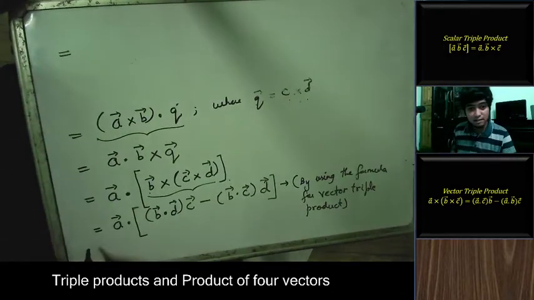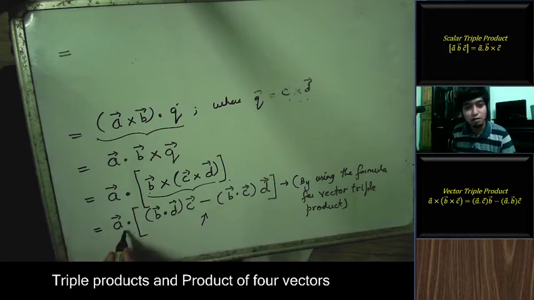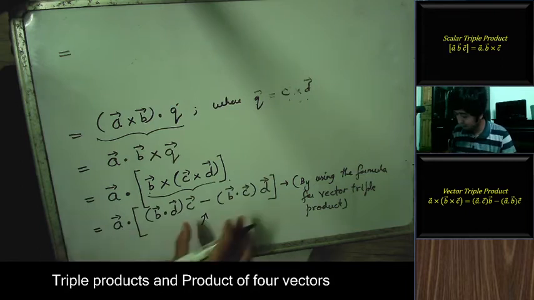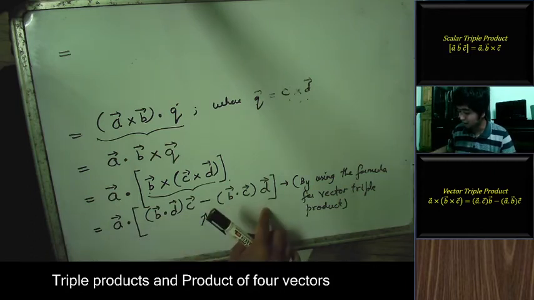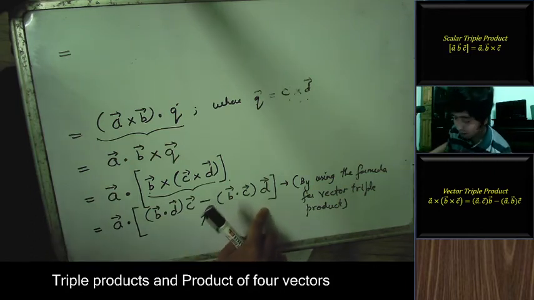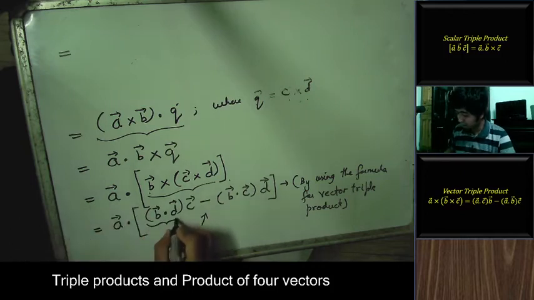Now we can use the distributive property of the dot product. Over here you have a minus sign and this dot product, so we can write A dot this one minus A dot this one. But one thing you should note is that this one is a scalar.